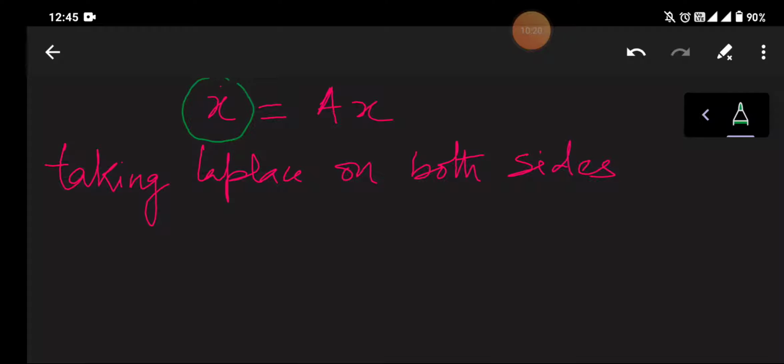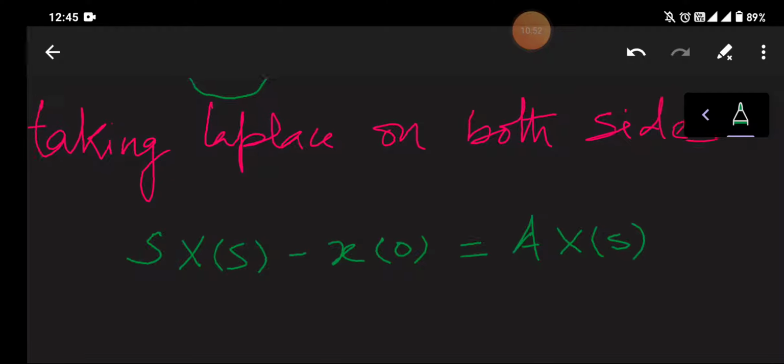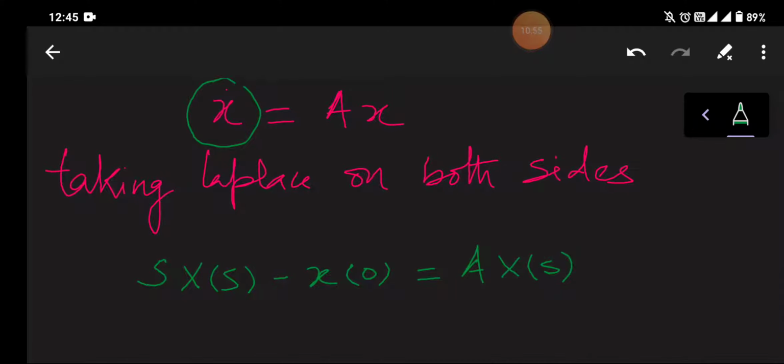The Laplace transform of dx by dt is equal to s multiplied by x s minus value of x at 0 is equal to a multiplied by x s, because this is x t.